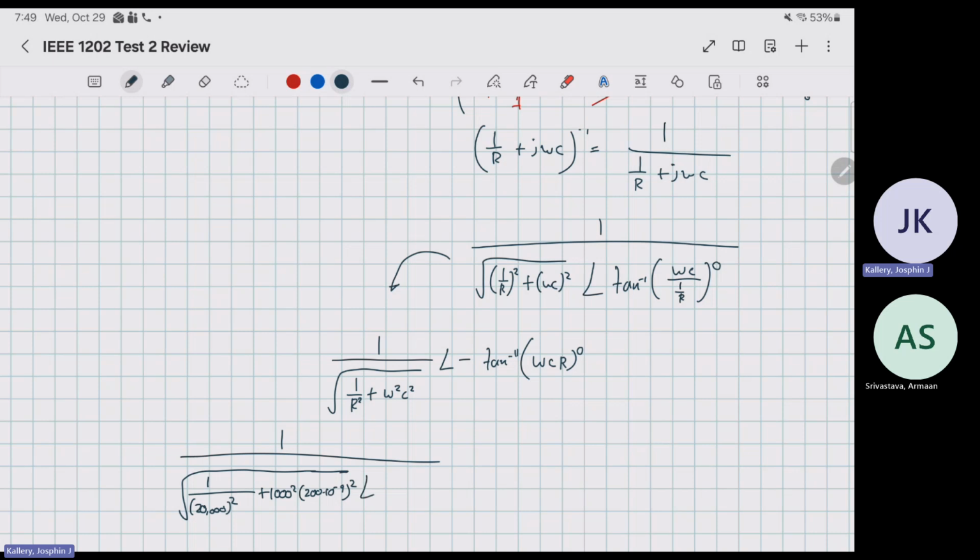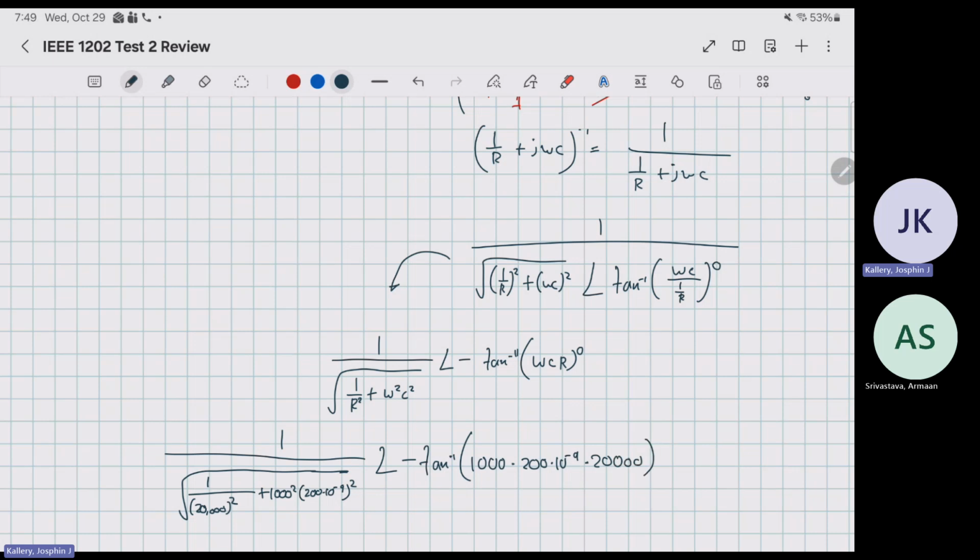Okay. Theta, okay, negative tan inverse of omega, which is 1,000, times capacitance, which is 200 times 10 to the negative 9, times resistance, which is 20,000. Okay, let me do that as well.